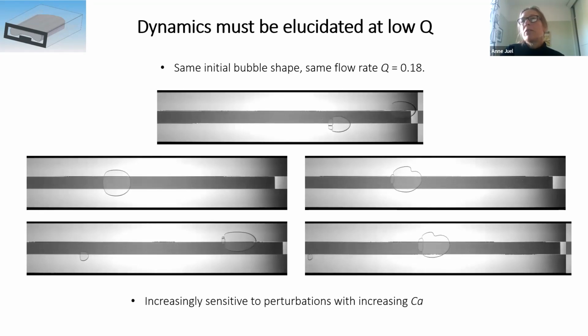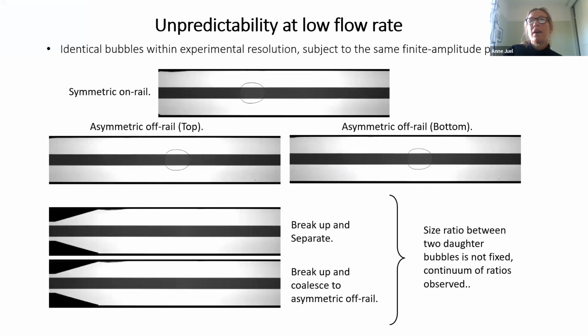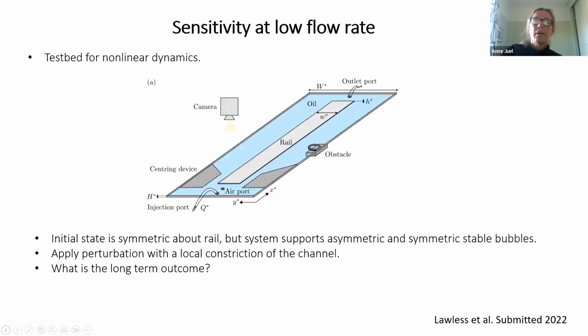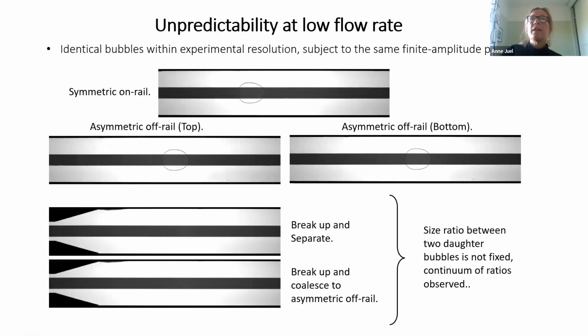But in a sense, that's not so surprising, because you have reasonably high flux and the system is very sensitive to any small perturbations. But interestingly, you can also do this at low flux. So here, basically, you're looking at a bubble in a system that I'm going to perturb with a little obstacle.